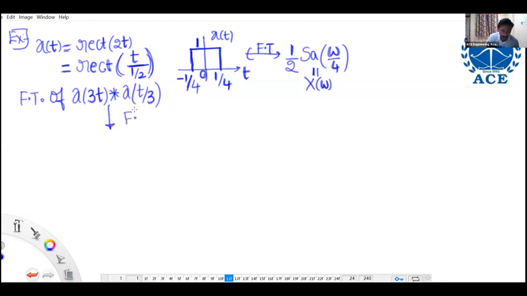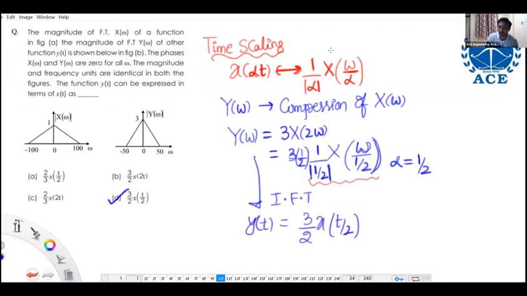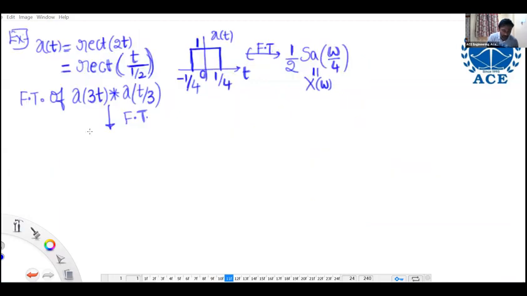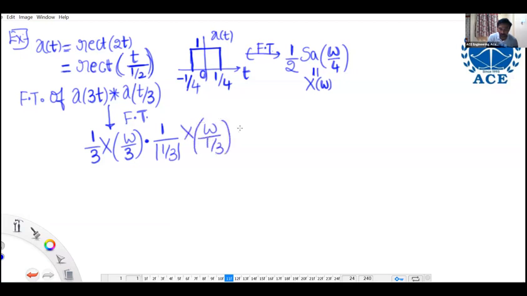The rest of the story is the application of the properties. What is the Fourier transform of X of alpha t from the previous slide? X of alpha t means 1 by mod alpha X of omega by alpha. So X of 3t means 1 by 3 X of omega by 3. Convolution becomes multiplication. Here 1 by 3 X of omega by 3, and the 3 and 1 by 3 cancel.